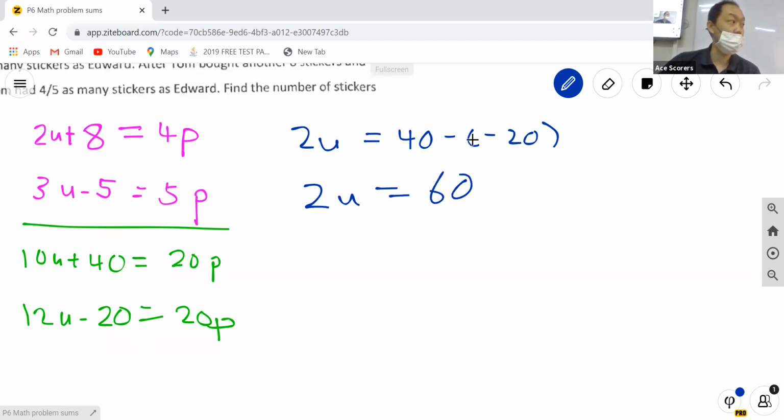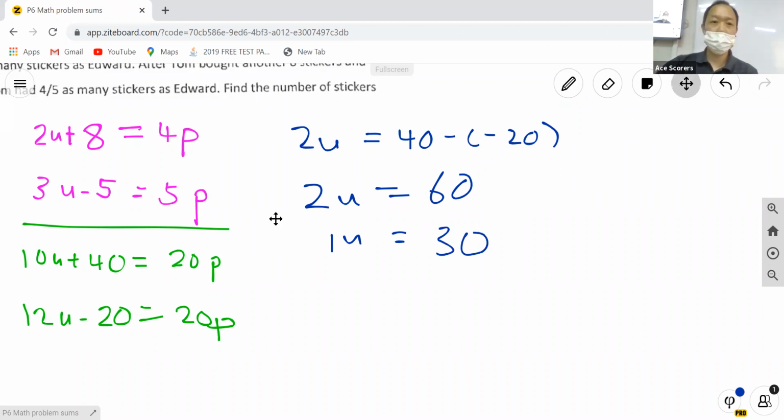You use the calculator. Do you have a calculator? Okay, in the calculator you key in 40 minus, then bracket negative 20, and you're going to get 60. So if 2 units equals to 60, 1 unit equals to 30.